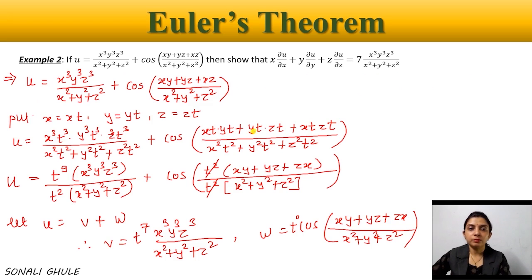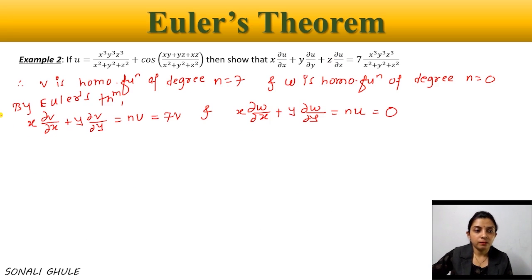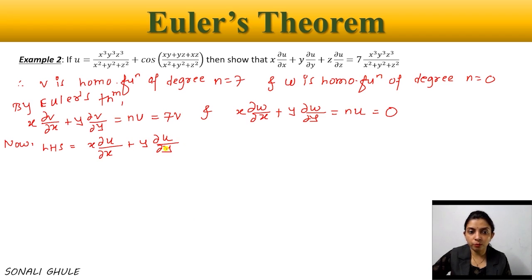And now I have to show this. So this time I can consider the left hand side. I can write here now, left hand side is equal to x ∂u/∂x + y ∂u/∂y + z ∂u/∂z, right? But what is u?